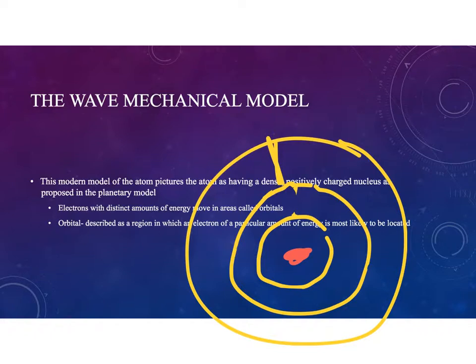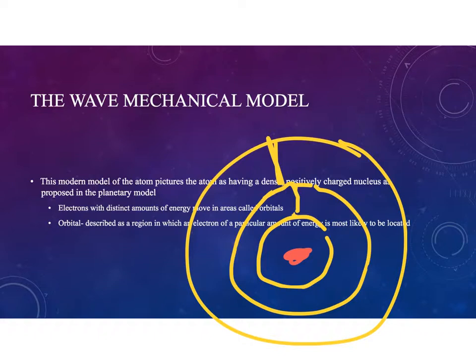But there are different types of orbitals, such as s orbitals, p orbitals, d orbitals, and f orbitals, which can all hold different amounts of electrons. That's not necessary for you to know currently. That's only if you take AP Chemistry. But now that you know there are different types of orbitals, let's say the first orbital here can only hold 2 electrons because that's the maximum that the energy level can hold in general.